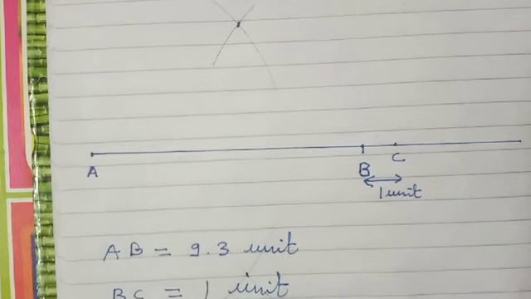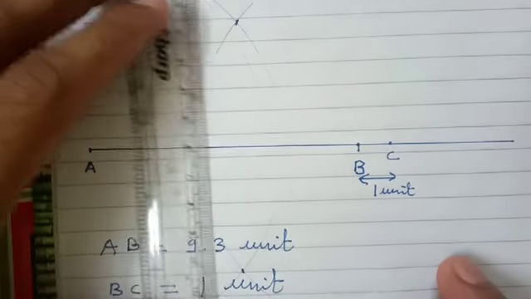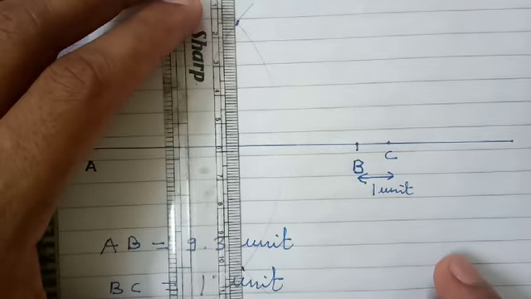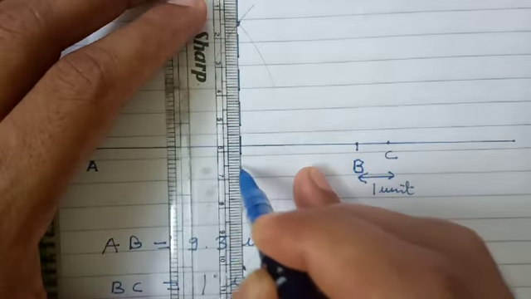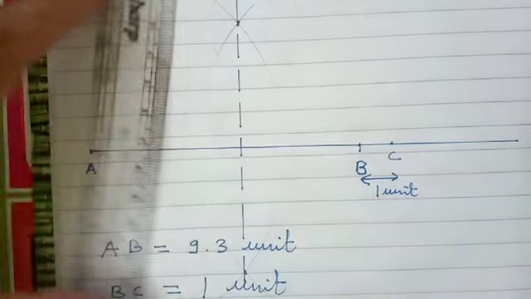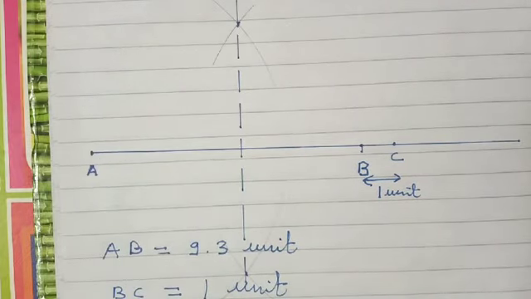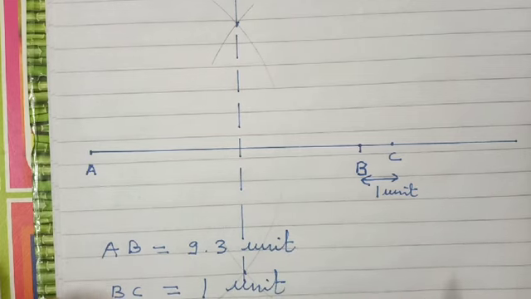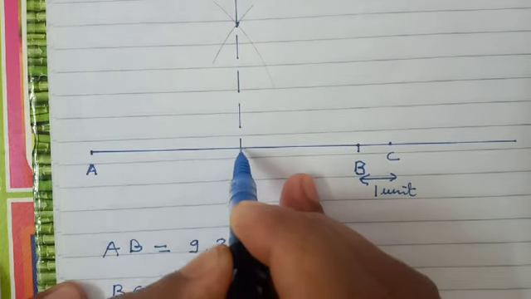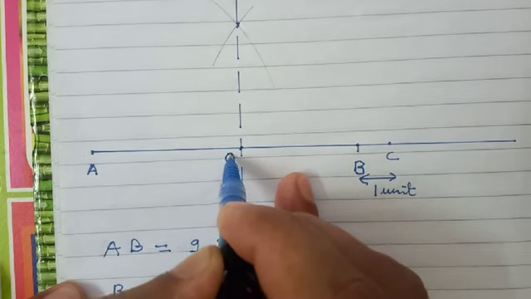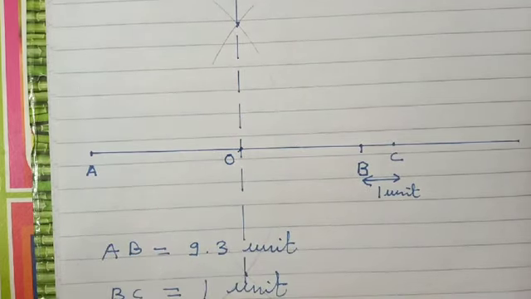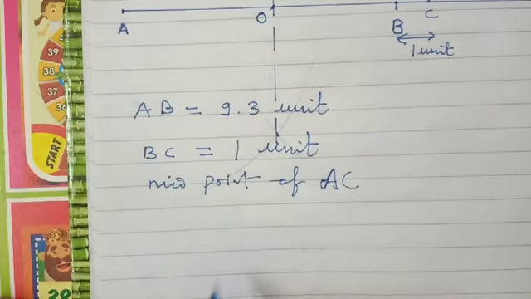Join those two intersecting points. This line intersects AC at a point, and mark that point O.